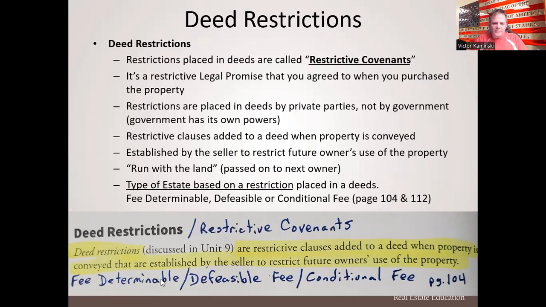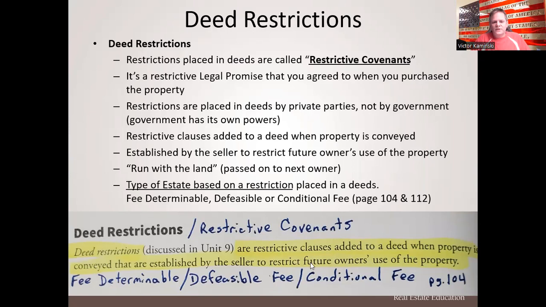It's called fee determinable, defeasible, or conditional fee estate. You could either write that all down or just write see page 104. But fee determinable, defeasible fee, conditional fee.